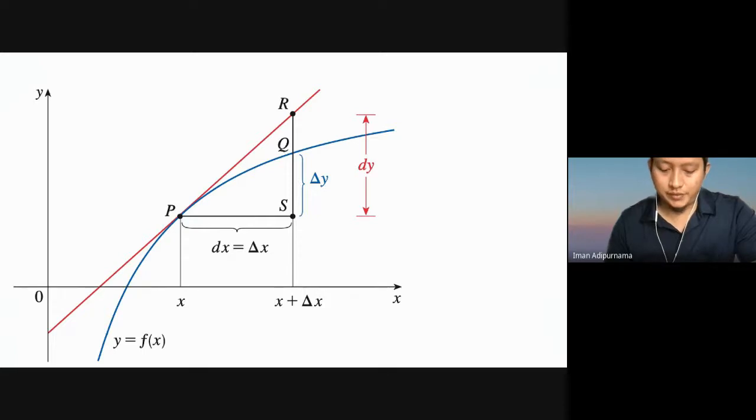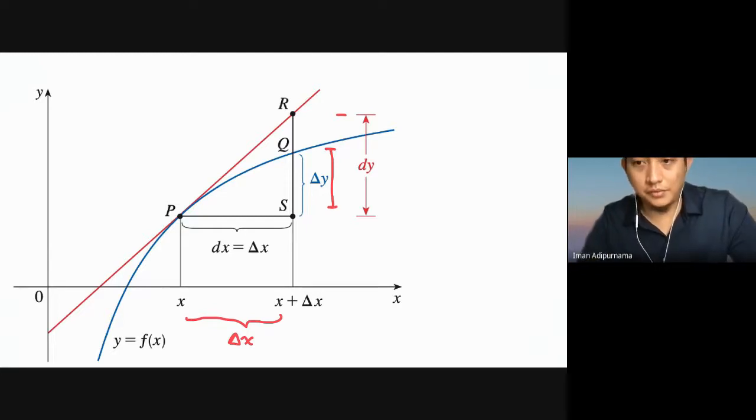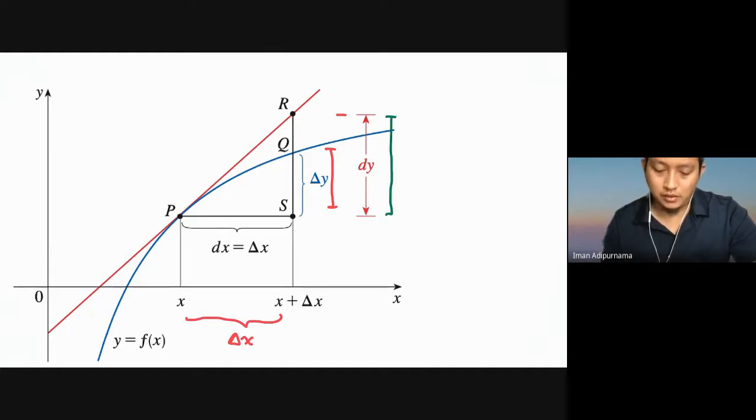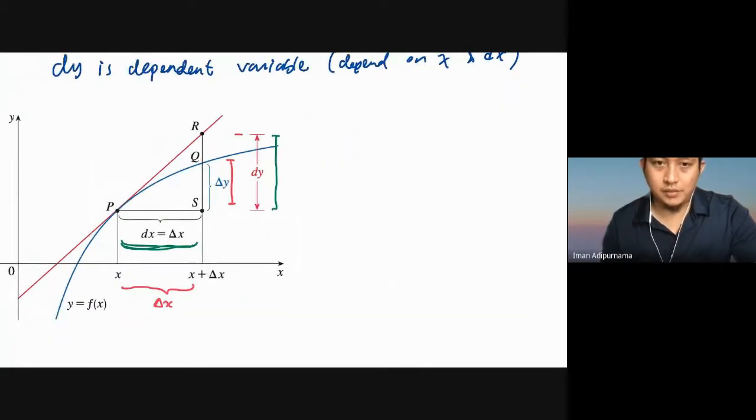We can have a difference in terms of delta x and the actual delta y of the function. But if you look at the tangent, we will have this dy here. And the dx basically stays the same here.